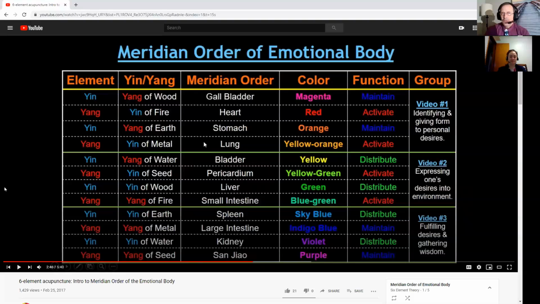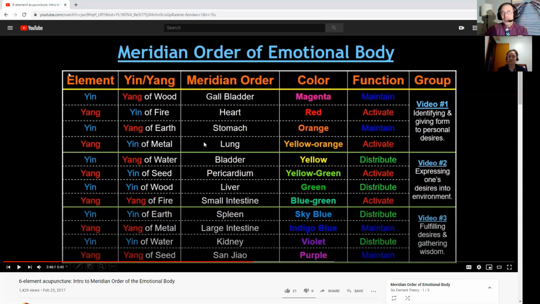So, if you look at just the meridian order, gallbladder, heart, stomach, lung, bladder, pericardium, and so on, those are the archetypes. When I say gallbladder, really think of the zodiac sign Leo, or the planet, the sun. The sun is that reservoir of life energy shining, and we would start there.